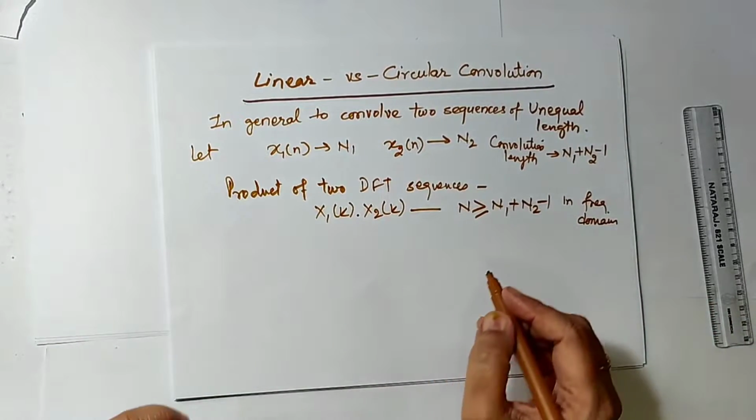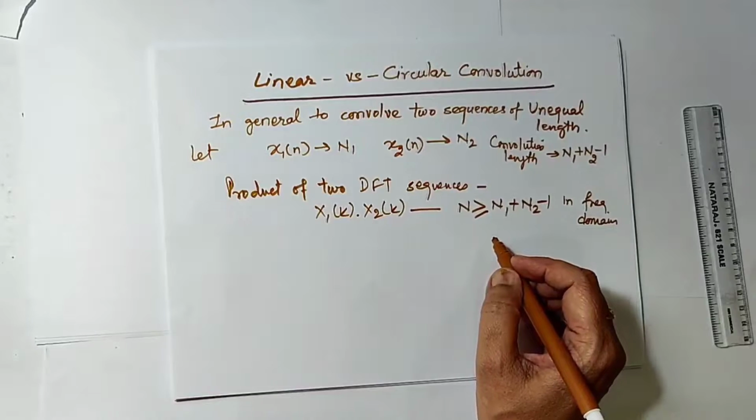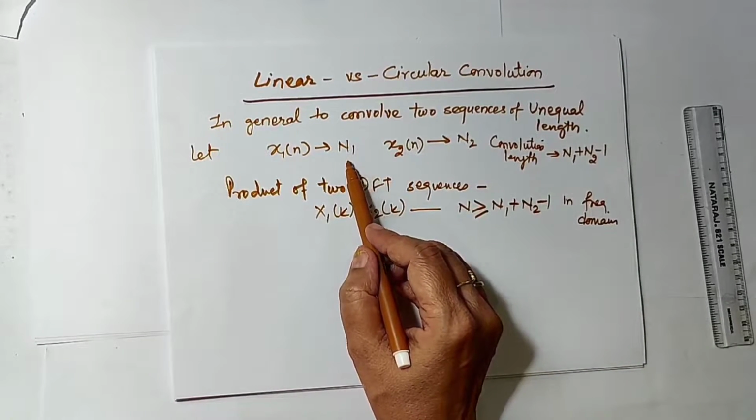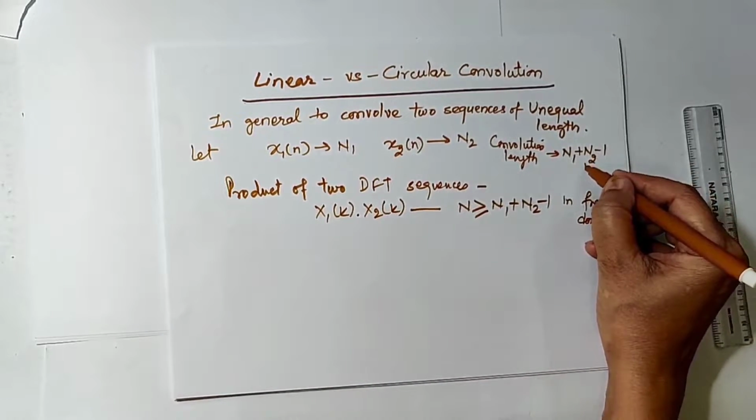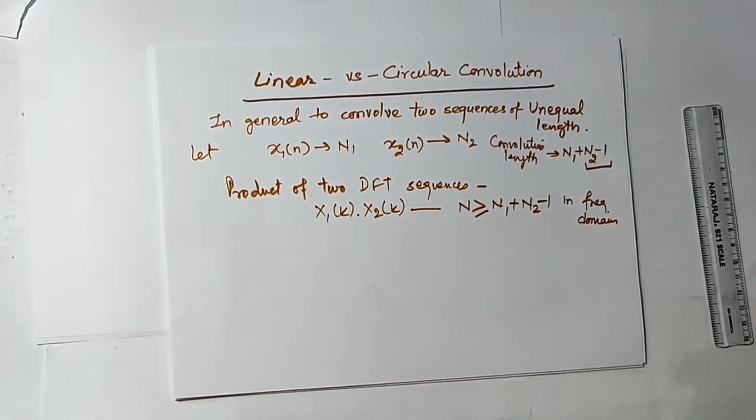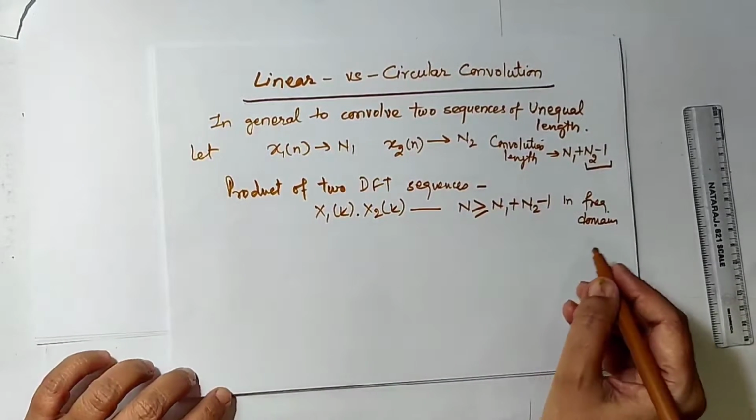Actually, to achieve the length N1 plus N2 minus 1, this factor N2 minus 1 should be manipulated.